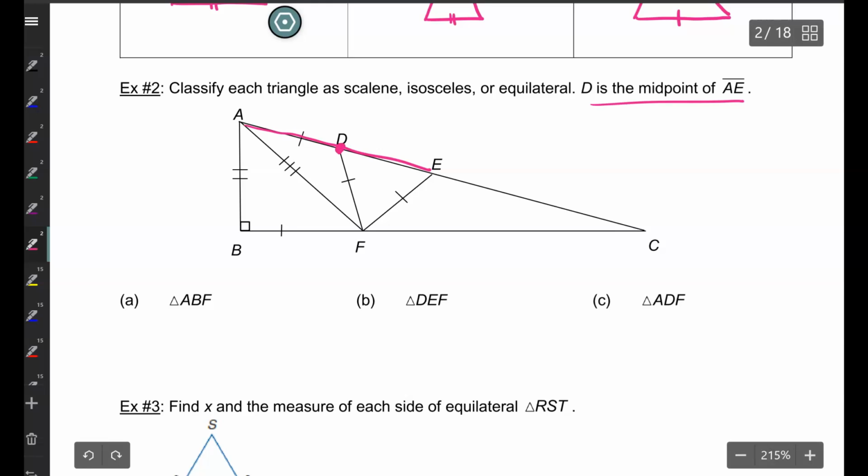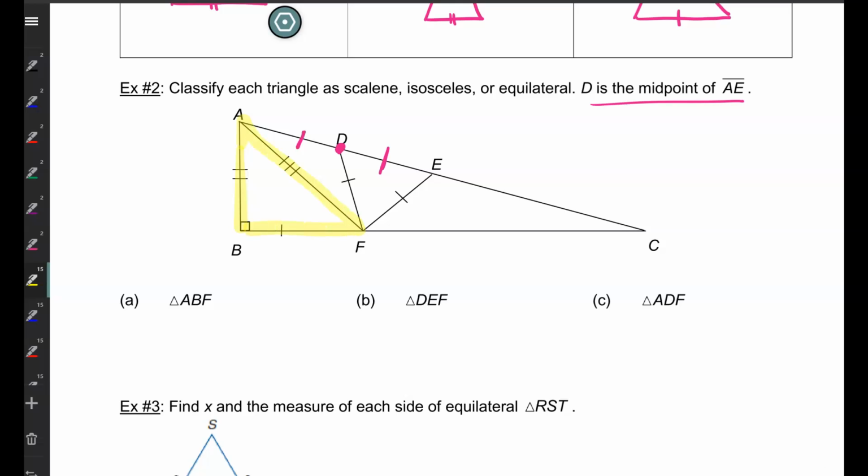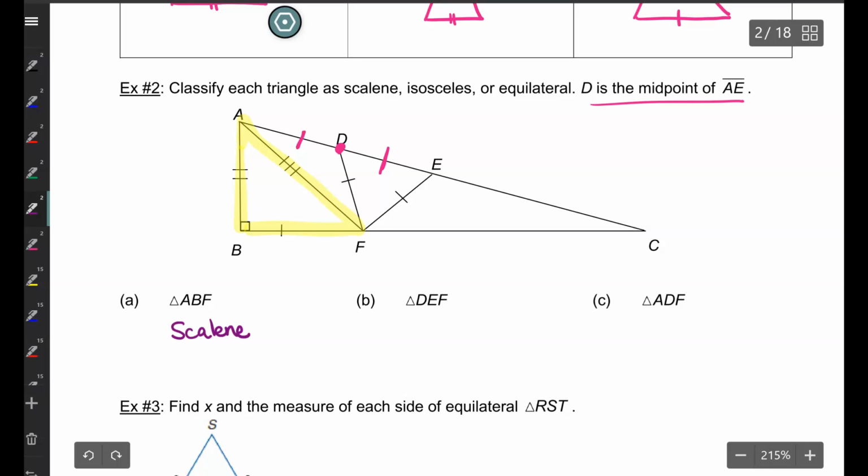If D is the midpoint, I see there's a 1 marking here, so I can put 1 mark there. And now let's take a look. We have triangle ABF. I notice that they have 1, 2, 3 tick marks. They're all different. So we will say this is a scalene triangle.